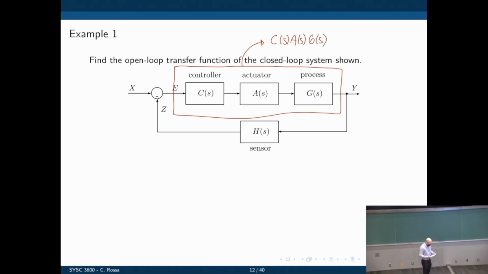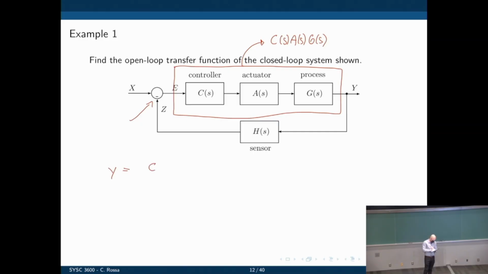What else can we do? Well, we have now a feedback loop with that function, and the feedback loop has a function H of s. And notice here, the sum has a negative sign. This is a negative feedback loop. We can now find an expression for y as the line function, the top function.